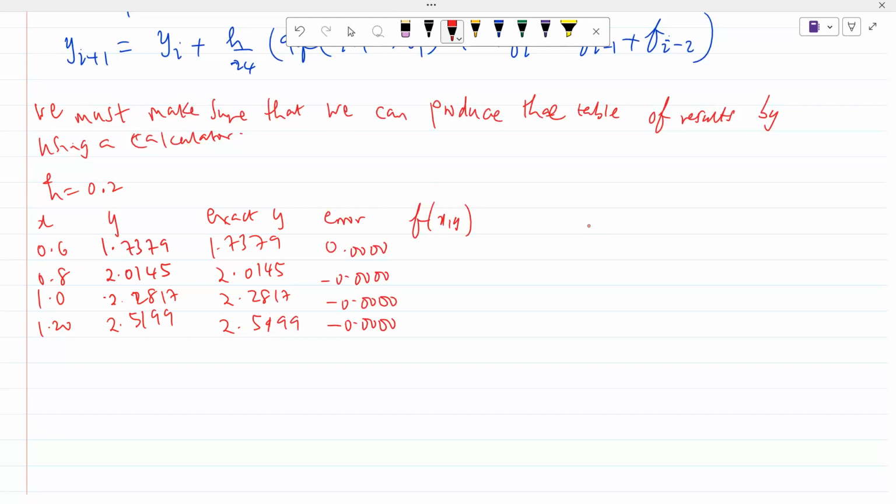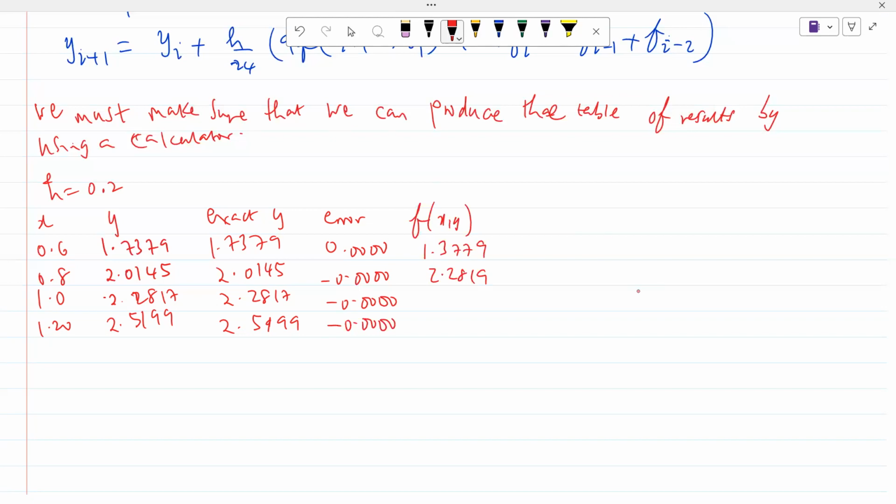We saw that we defined this one as the differential equation. If we substitute everything, the x and the y, into the differential equation, we get 1.3779. We get 2.28. This is the table. You must be able to produce this table with a calculator, because in the exam we use a calculator.